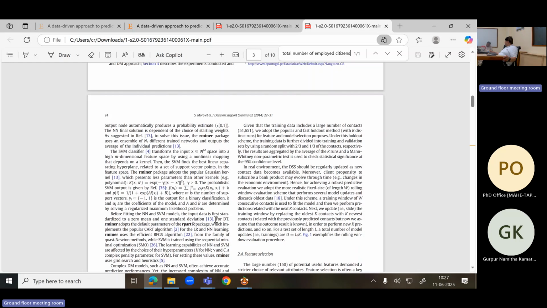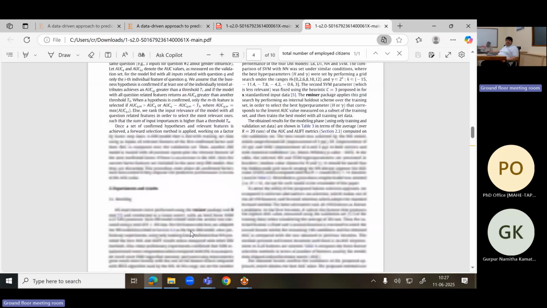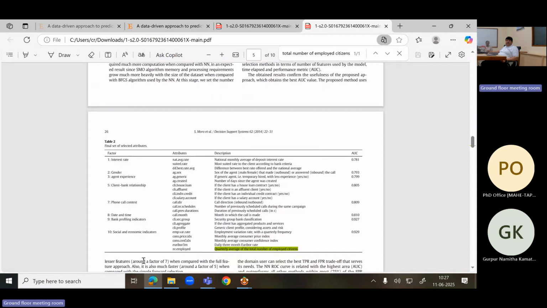Now, when they say that it comes under social and economic indicators, why does this come here? Quarterly average of total number of employed citizens. How does it become the characteristic of a client?